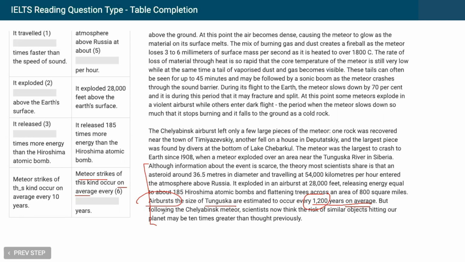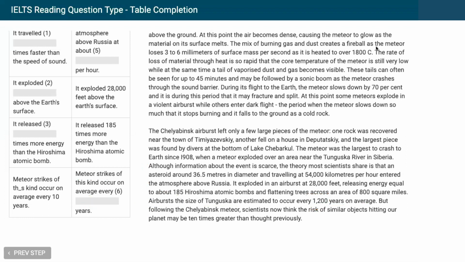And so airbursts the size of Tunguska are estimated to occur every 1,200 years on average. So that gives us an excellent clue that this answer is 1,200. And make note that this sentence and this information here is not worded exactly the same. It's paraphrased, like I talked about in the beginning, but it still has the same meaning. So that would be 1,200.